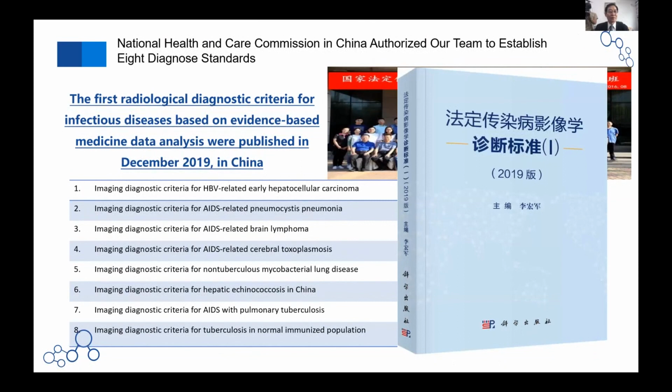My team did the first radiological diagnostic criteria for infectious disease based on evidence-based medicine data analysis, published in December 2019 in China.